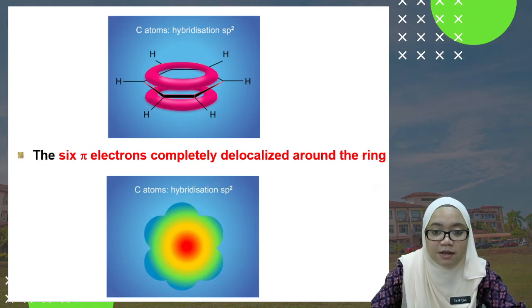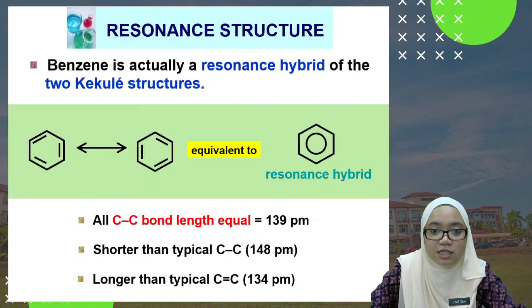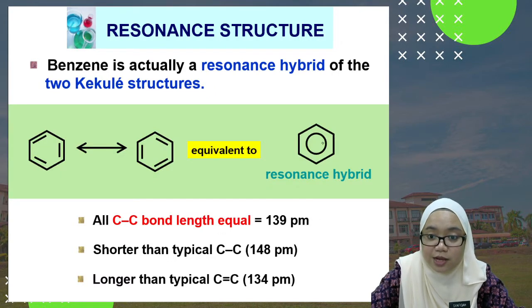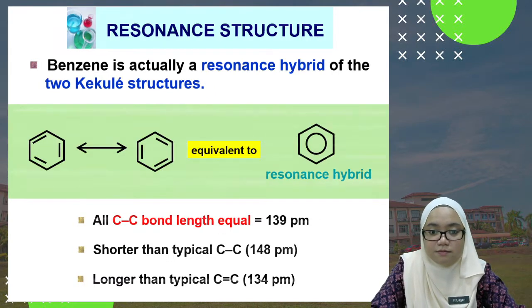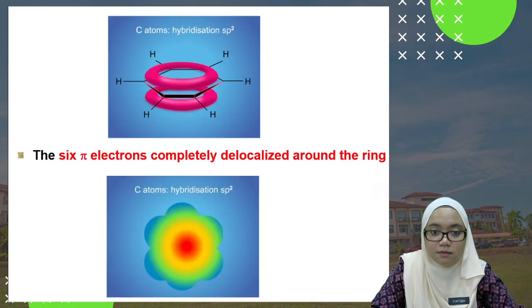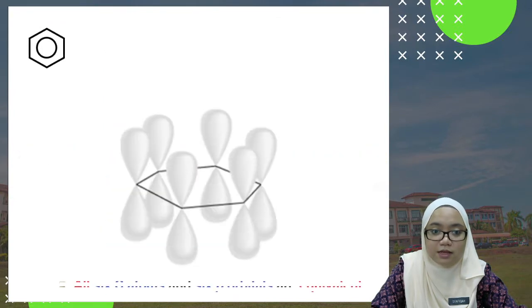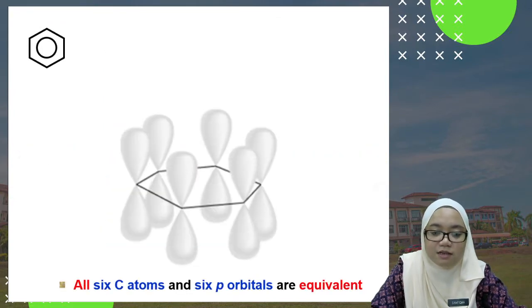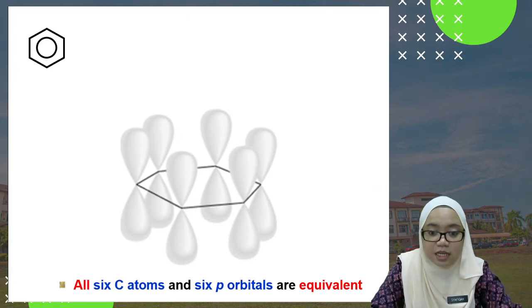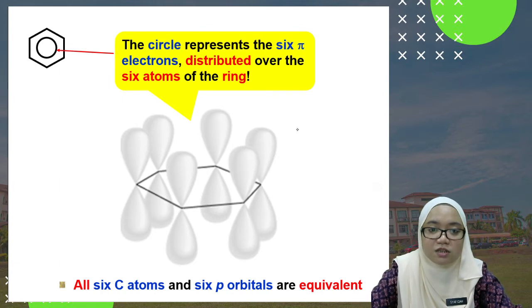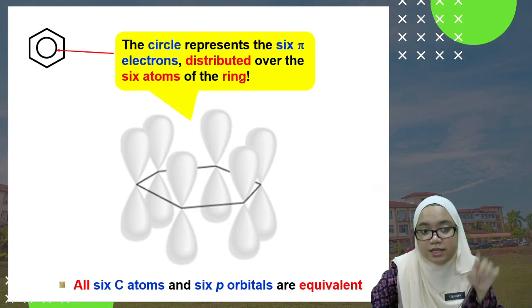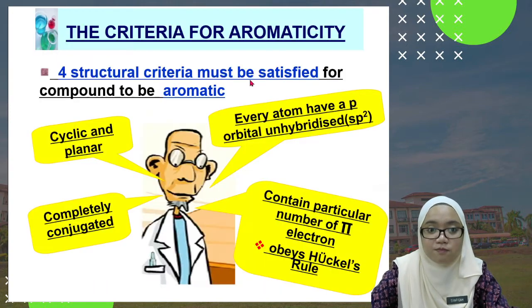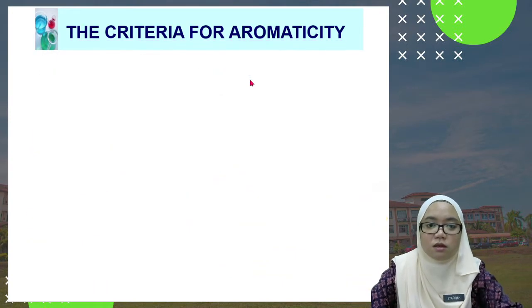That is why the resonance hybrid structure is drawn as a circle. All 6 carbon atoms and 6 p orbitals are equivalent. The circle represents the 6 pi electrons distributed over the 6 atoms of the ring because they are constantly moving.